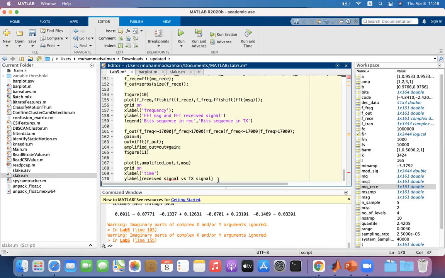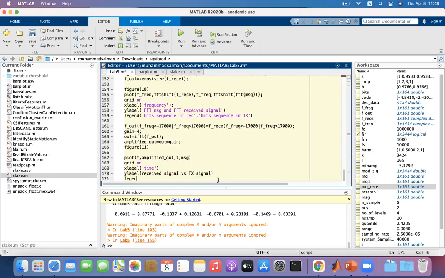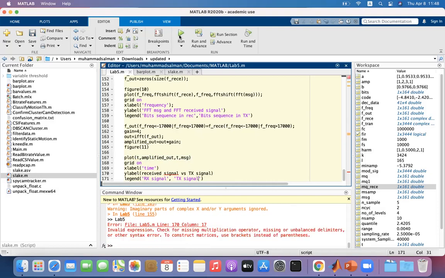And then I should also put the legend here. The first one, which is this one, is the received signal, so I should say RX signal, and the next one, which is this one, is the TX signal, right? So the TX signal, and let's see how it looks.